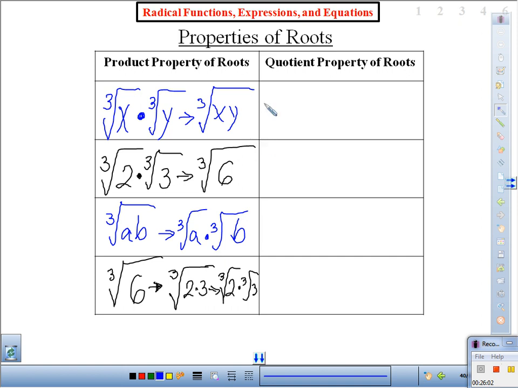We got square root of x divided by y. We can split that up and make it square root of x over square root of y. However, can we leave a radical in the denominator? No, so I need to multiply times square root of y over square root of y. Now some of you are saying, why, Mr. Q? So look up really quick.